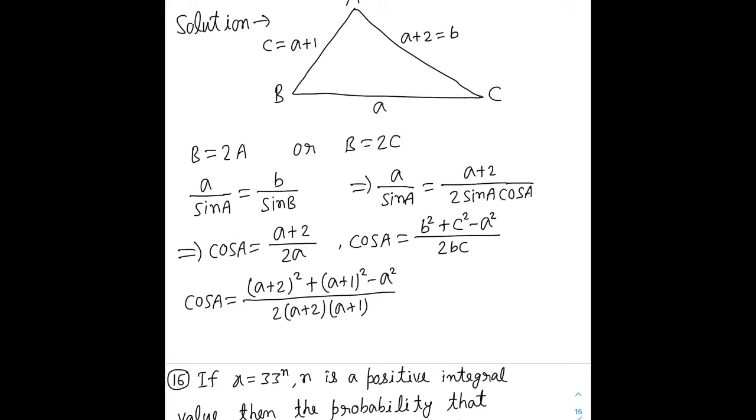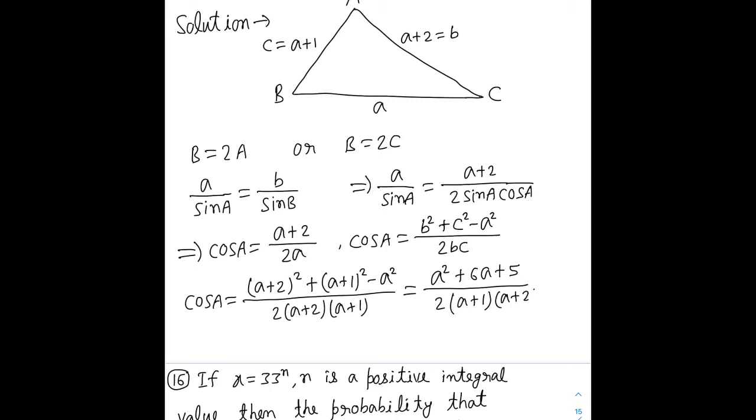First of all we can simplify this. You will get a square, then another a square, and this a square and a square will get cancelled, so only one a square would be left. Among the a terms, you will get 4a from this place, 2a from this place, so 4a plus 2a, 6a. Then you will get 2 square, that's 4, and 1 square, 1; 4 plus 1, 5. So you will get that divided by twice of a plus 1 and a plus 2.